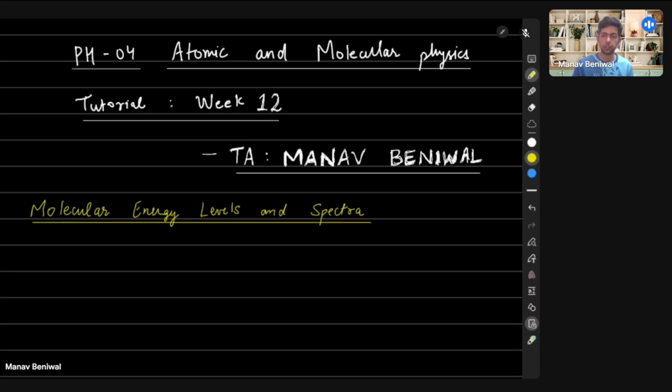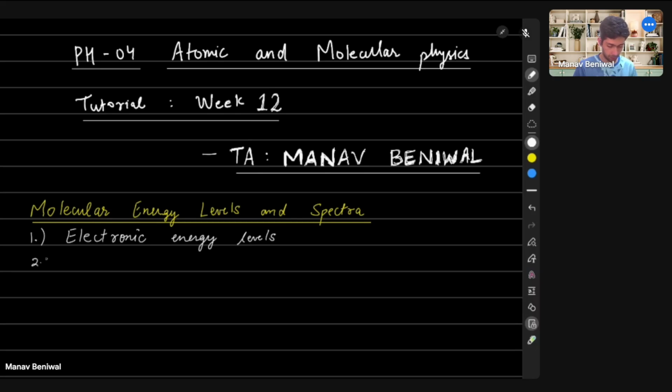Okay, so firstly, molecular energy levels and spectra. Primarily there are three of them. First is electronic energy levels, and electronic spectra, like hydrogen spectra, for example, or spectra for hydrogen-like atoms, where these energy levels are the electronic energy levels, which are also known as Bohr levels, right?